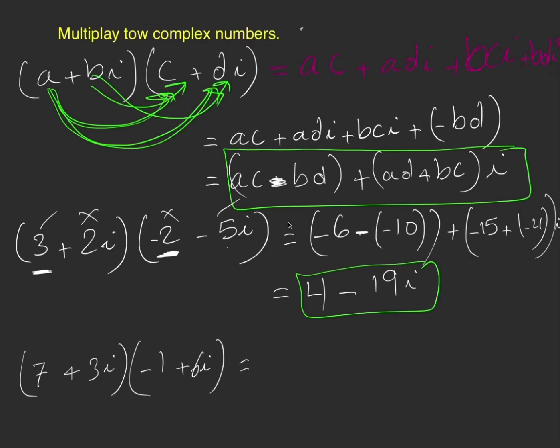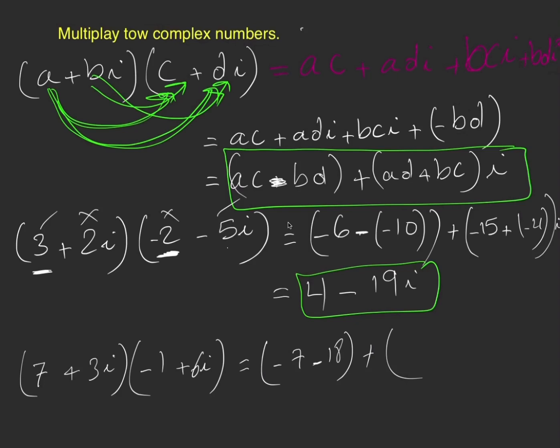So what is going to give us just ac? a times minus 1 is minus 7, minus bd. b is 3 and d is 6, is 18, so minus 18, plus we have ad.